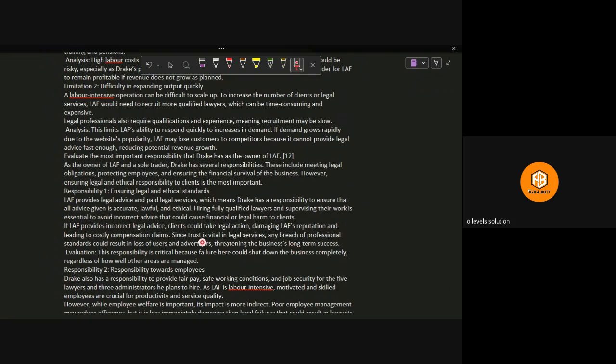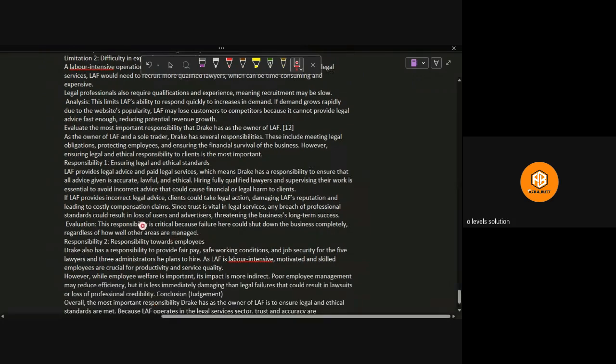Now we need to write the evaluation. We can say that this responsibility is critical because failure here could shut down the business completely, because of course he is dealing in very sensitive work, regardless of how well other areas are managed.